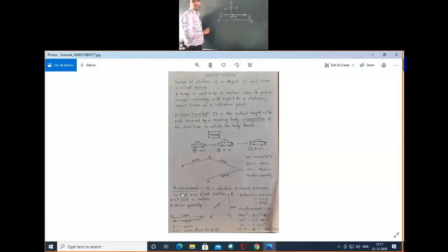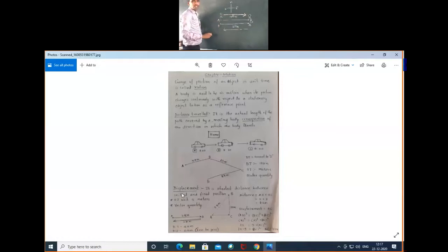Again he is traveling from B to A, 10 kilometers only. In this direction he is traveling now. So first he traveled in this direction, and second he is traveling from B to A.